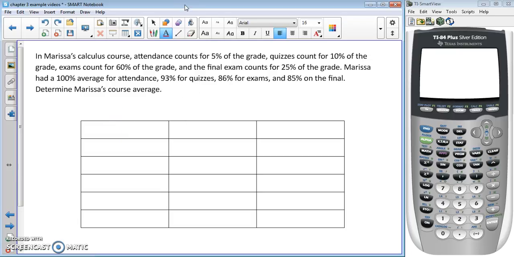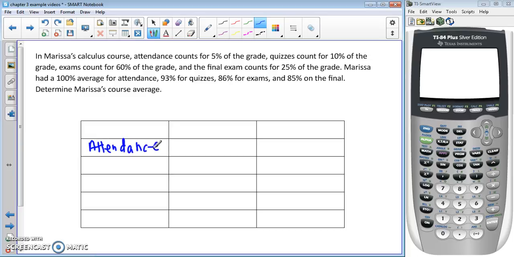So our categories we're working with: we have attendance, and quizzes, exams, and the final.